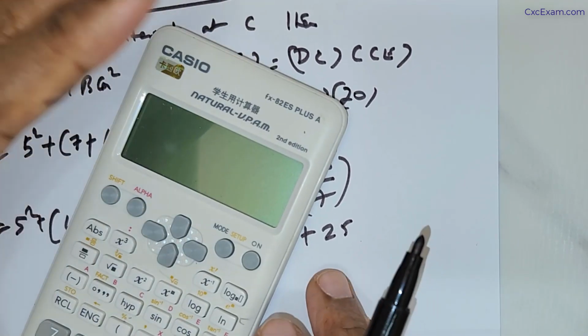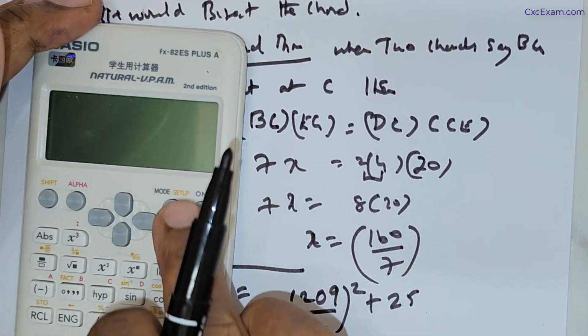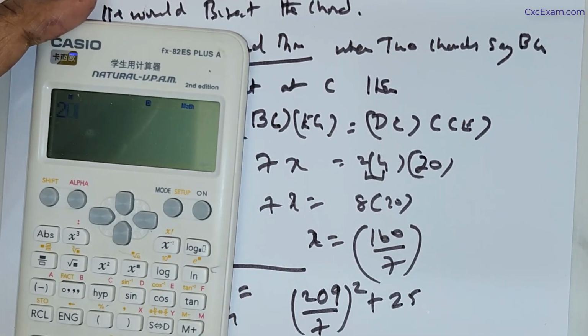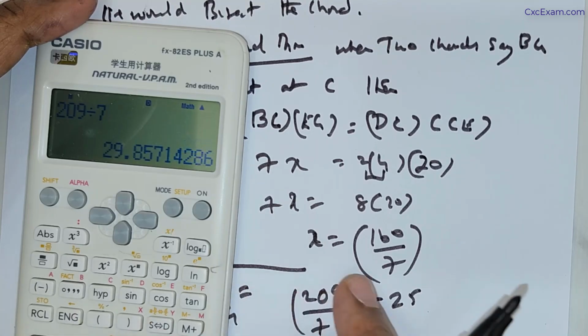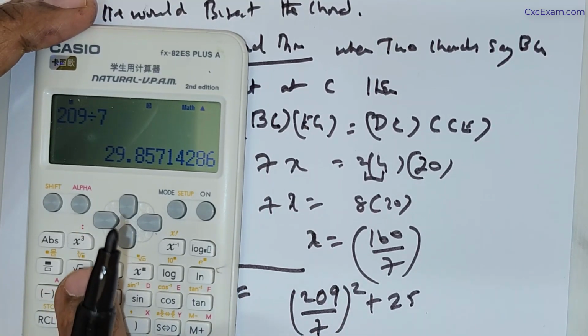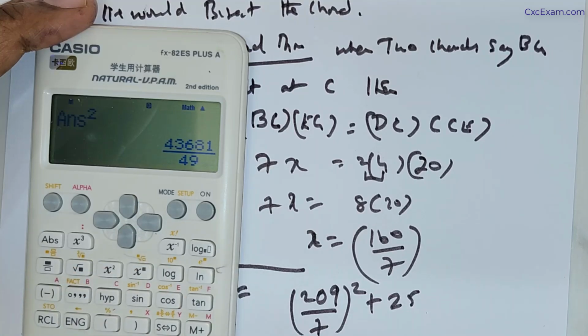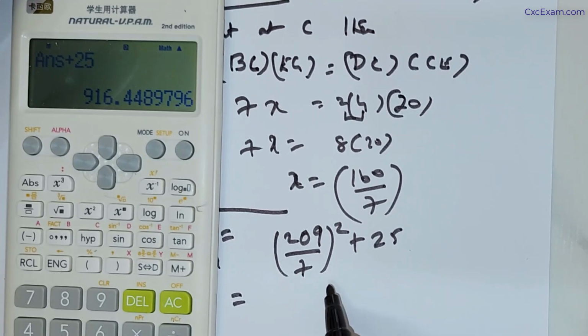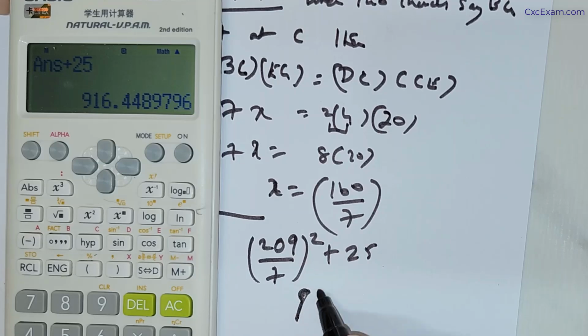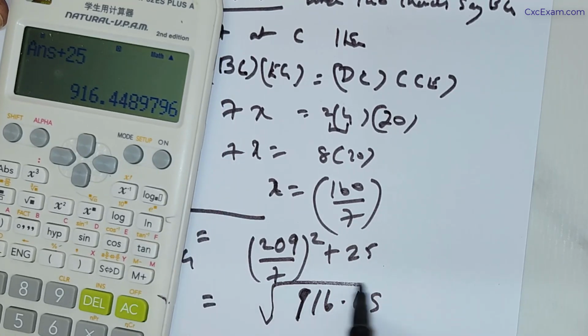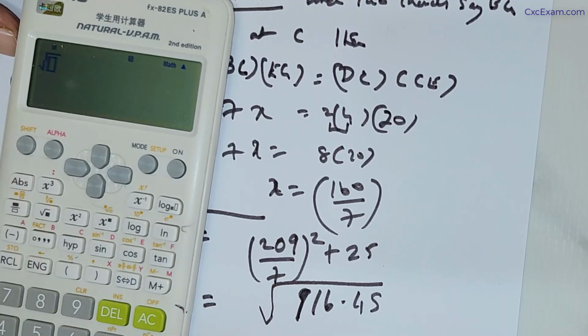So if you were to use a calculator and find the value out, so 209 divided by 7, and you take the square of this and you add 25 to it, you get 916.45, and you have to take the square root of this.